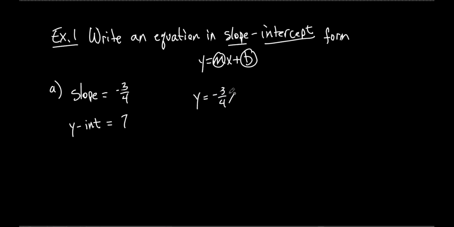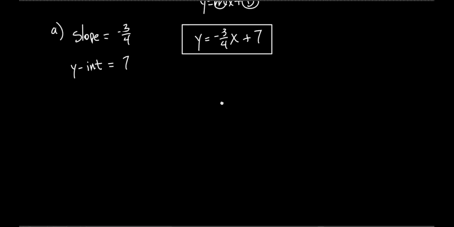And then x, you just put the x there. And then the b. What's the b? 7. That's the y-intercept, right? And it's plus. Put a plus 7, since it's positive. If this was negative 7, you'd put minus 7. It's as easy as that. At least that one is. But that's the first one. First ones are always easy, right? It seems like it. All right, let's do another one.